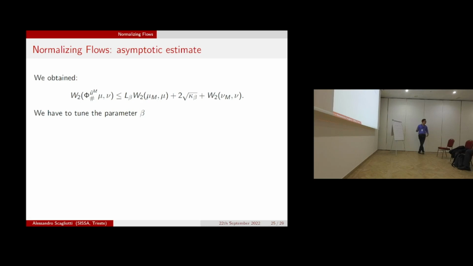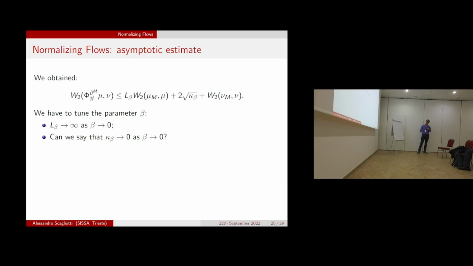The last one is once again the same as before, our nonlinear limit. We cannot do anything about that. The first term is the Lipschitz constant that multiplies the distance between mu m and mu, and we have a bound on the Lipschitz constant L beta that depends on beta, of course. When beta goes to 0, the Lipschitz constant explodes. And we have this term kappa beta.